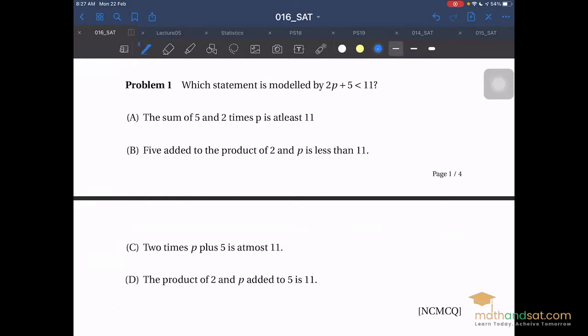Okay. So first question, which statement is modeled by 2p plus 5 less than 11? Option A: sum of 5 and 2 times p is at least 11. At least 11 means the minimum value is 11, so it has to be greater than or equal to 11.